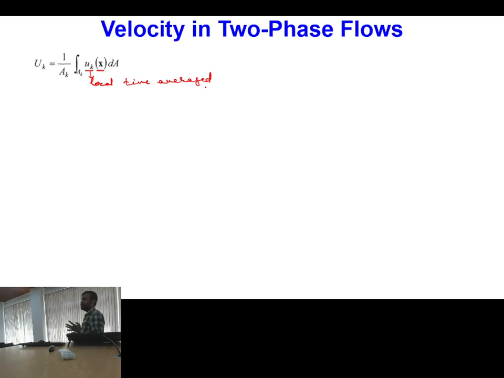Let's assume at the moment that either we have a steady flow situation where velocity is not changing with time, or we use a significant time interval for measurement of this local velocity, and we consider the local time averaged velocity. Is this point clear? How to do time averaging I have already shown you while explaining the concept of void fraction using the phase density, the phase distribution function.